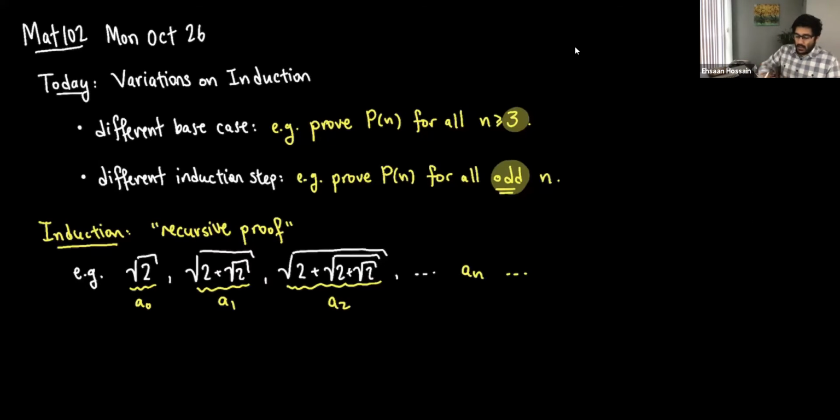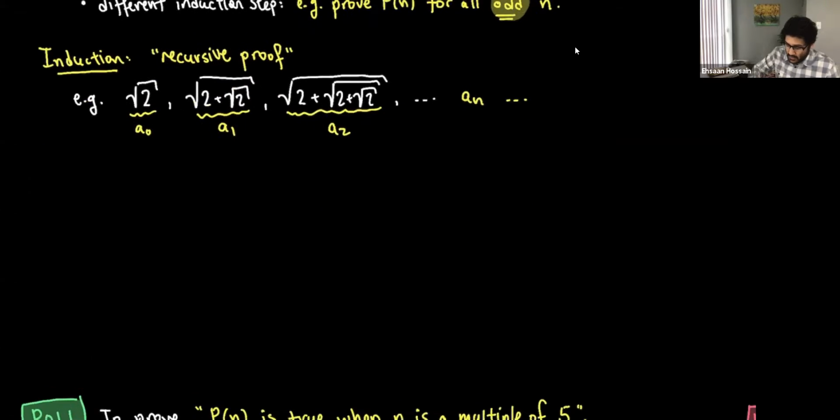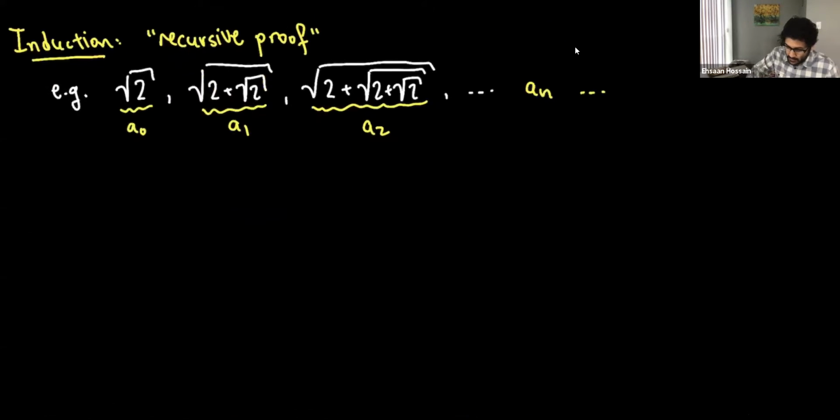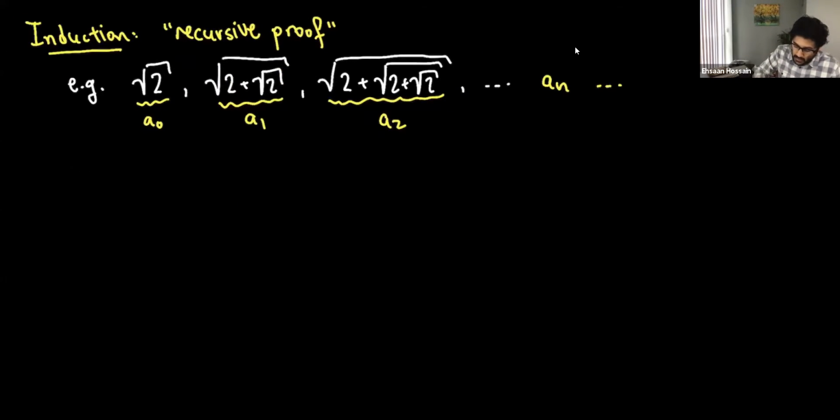Let's say I'm trying to prove something about this sequence of numbers. What can I conclude? I can conclude that AN satisfies a recursive formula. AN can be obtained from AN minus 1 by taking the square root of 2 plus AN minus 1, right? Look at this.